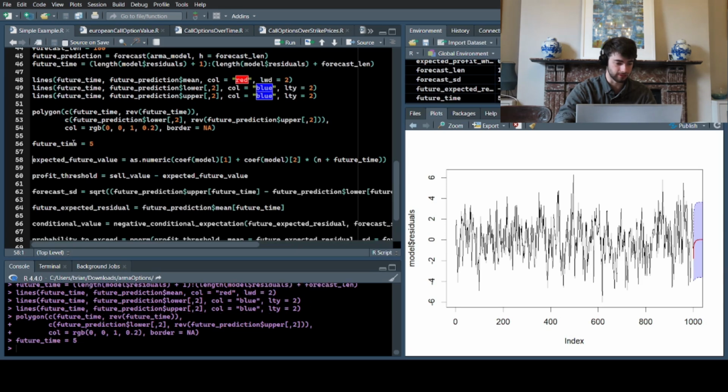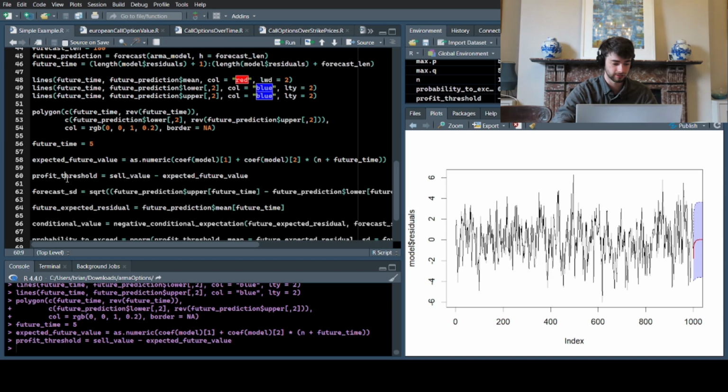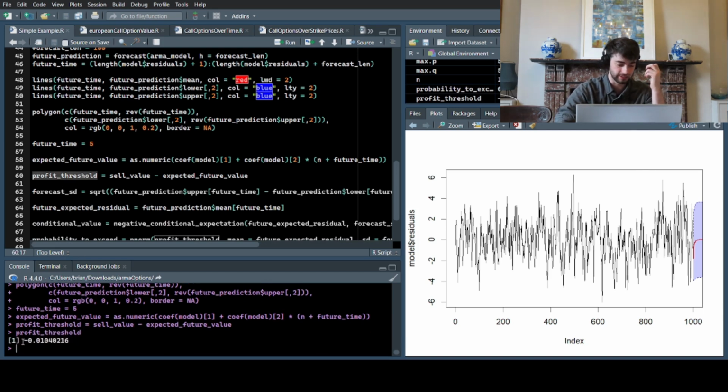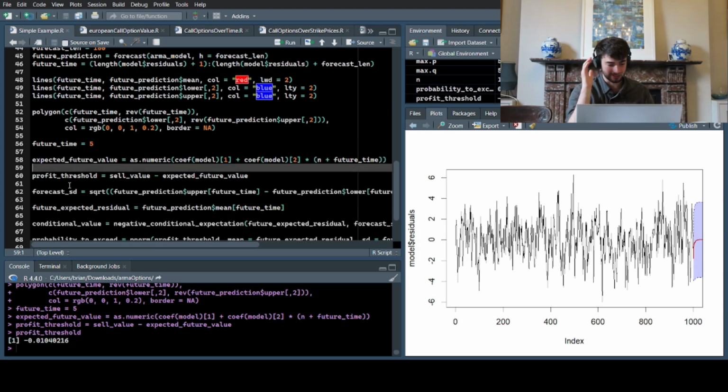So what we do is we find our profit threshold. This is S subscript R in the write-up. And our profit threshold is this, which basically means that our value of x of t plus h has to be less than this value, or our option isn't profitable.